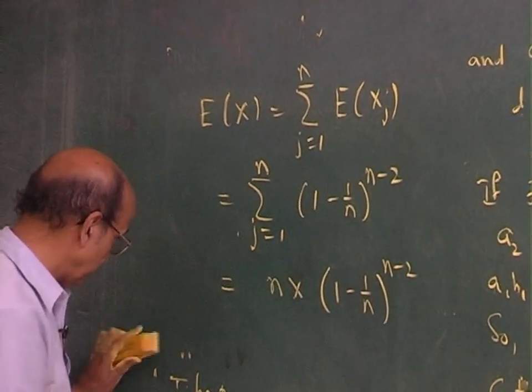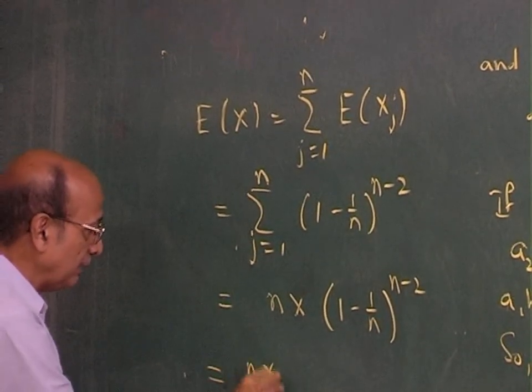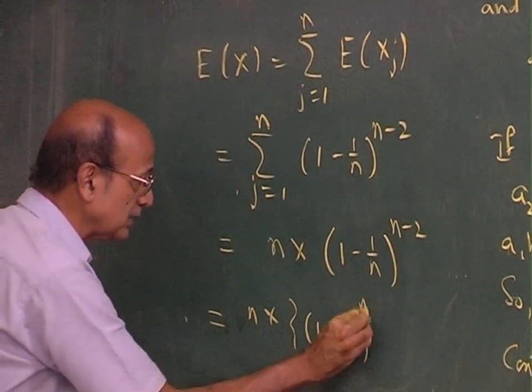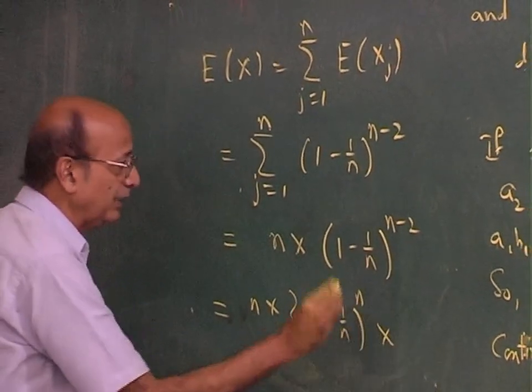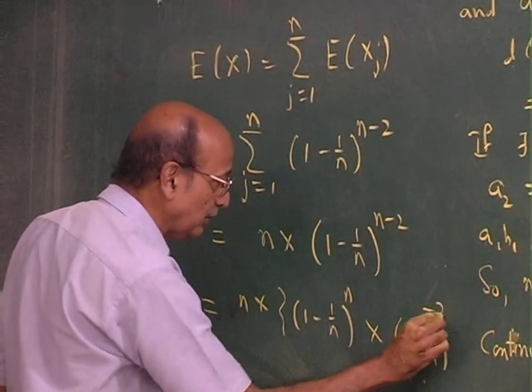A little manipulation should be helpful here. n multiplied by (1 minus 1 upon n) raised to n, multiplied by (1 minus 1 upon n) raised to minus 2.